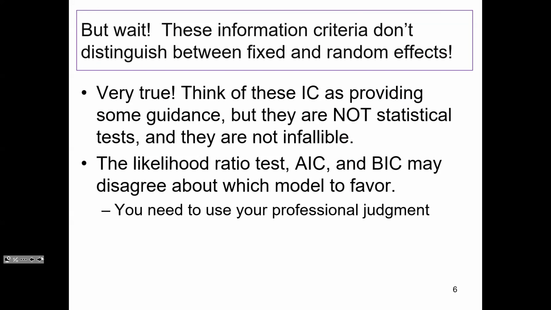That would be important to know too, right? You can put in a randomly varying slope, but just because you say it's randomly varying doesn't make it so. Maybe when I actually estimate the slope variance for that randomly varying slope, it's super small. Maybe it's near zero.